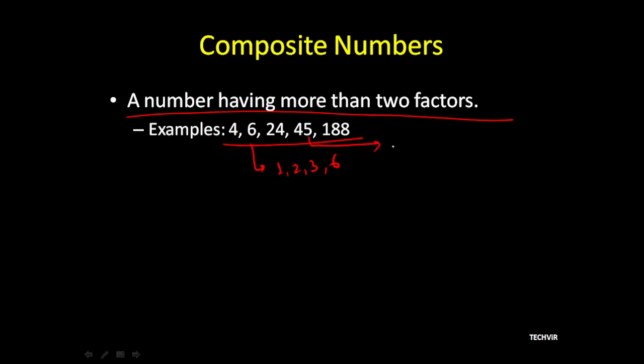It is having factors 1, 5, 9, 15 and so on. These all numbers are having factors which are more than 2 in number, so they are composite numbers. These are the things which we have already studied in our earlier classes, so we need not focus on them more.